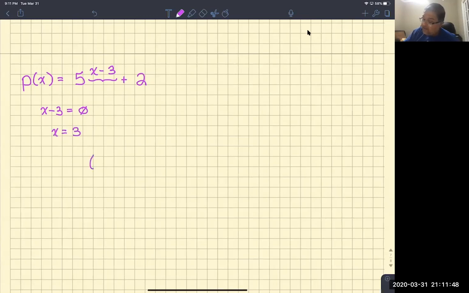So the transition point will occur when x is 3. Well, what is the y coordinate when x is 3?